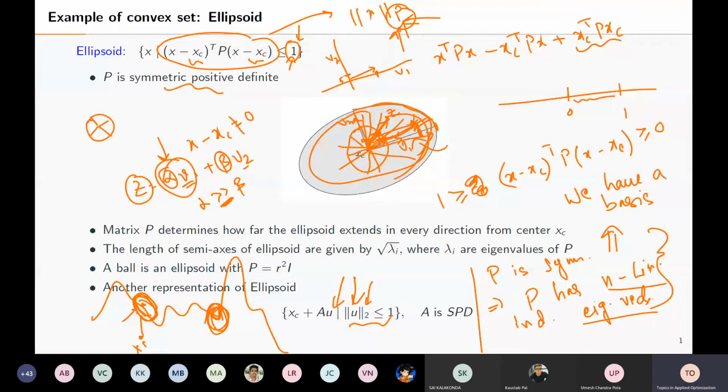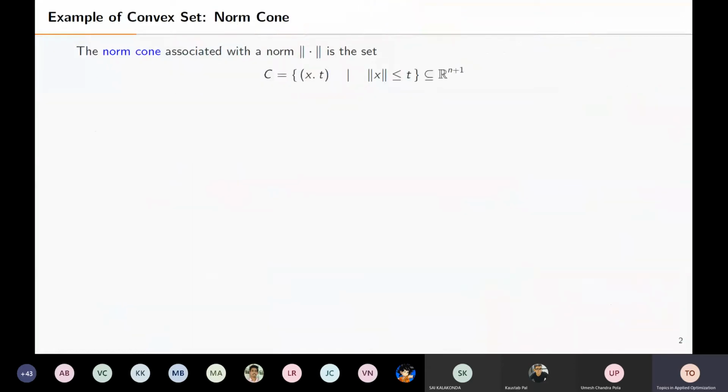This is a nice connection between eigenvectors, stretching, and norms, and in hindsight I introduced a P to try to give you intuition behind matrix norms. Anyway, we will see this. Let us stick to the convex set now.